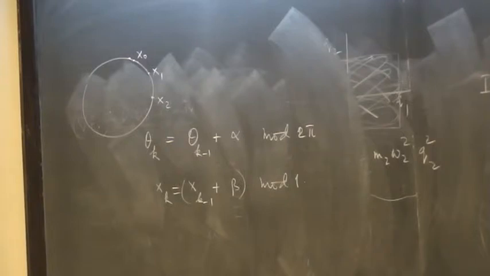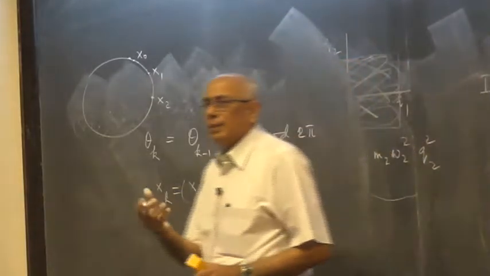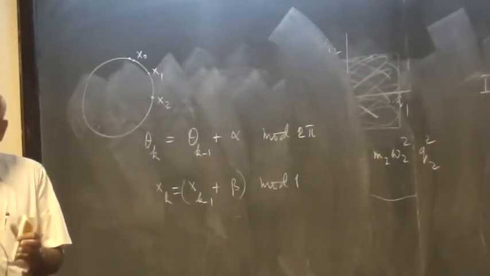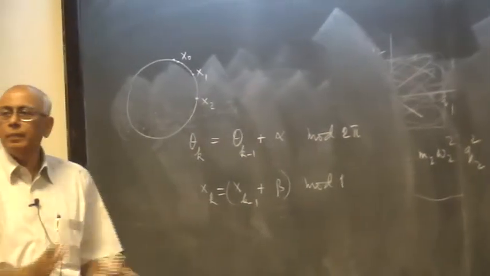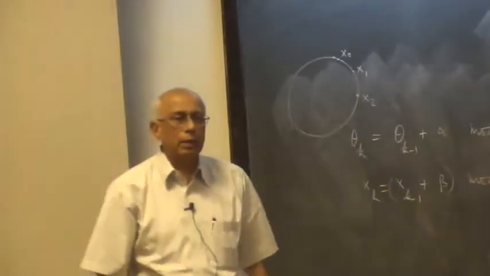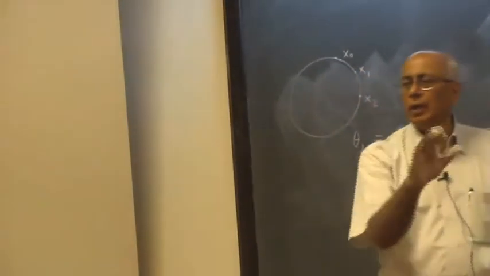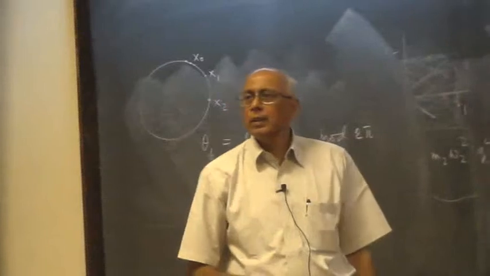And uniform. That means the population density, right? The density of such points, of these iterates on this torus is uniform. Uniform probability density. Every little patch of equal area is likely to be equally frequently visited as time goes on. Yeah, this is ergodic.